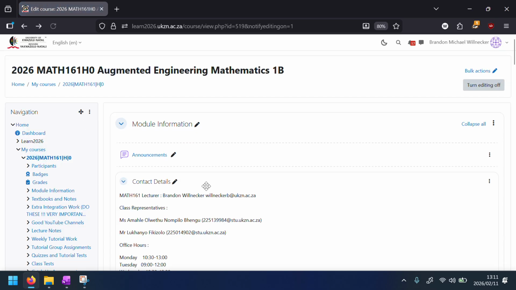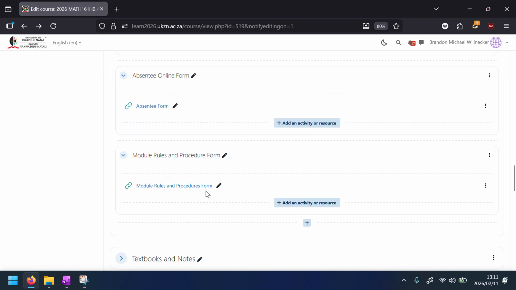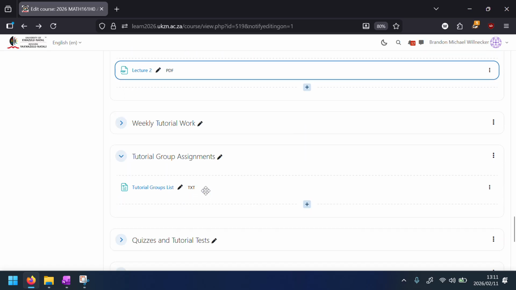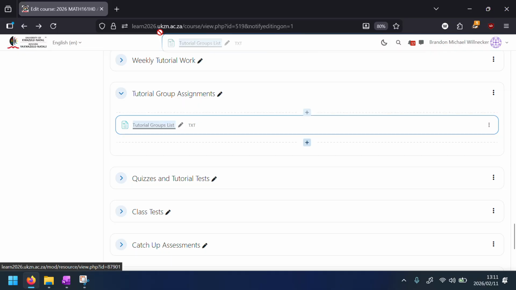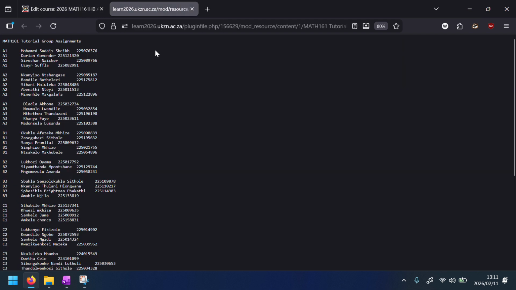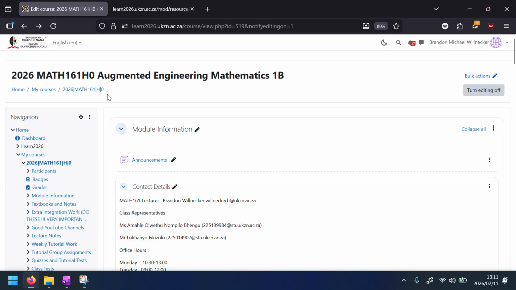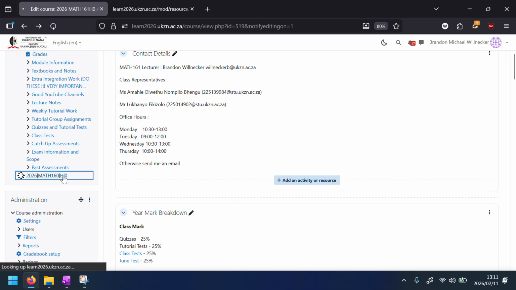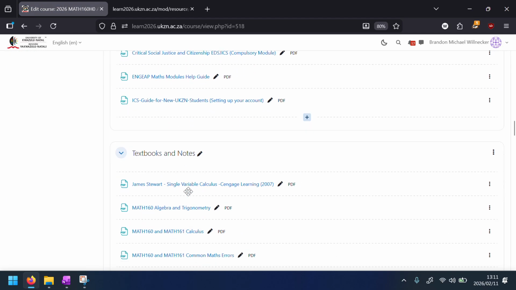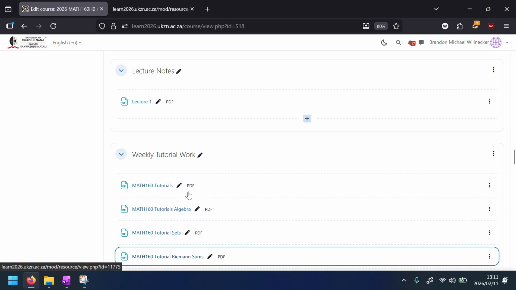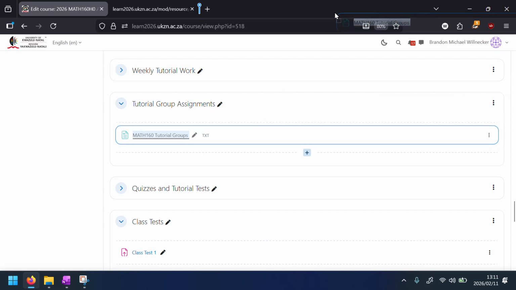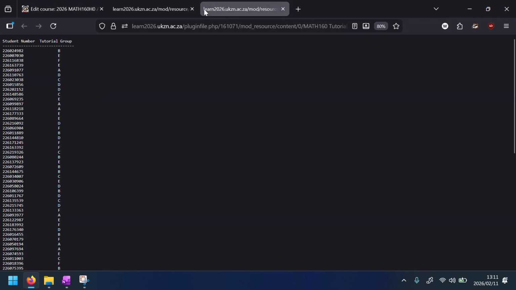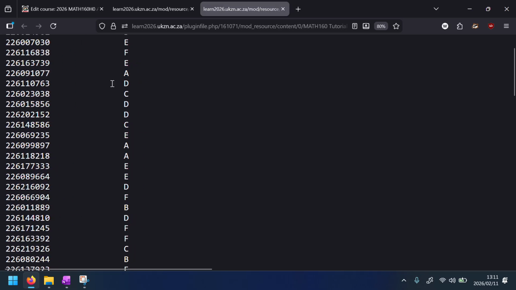And then next, your group assignments. If you go down here to the tutorial group assignments, you'll see the list with everyone and the group that they're in. After the weekly tutorial work, you'll see tutorial group assignments and then the list here. It will have all of your student numbers.